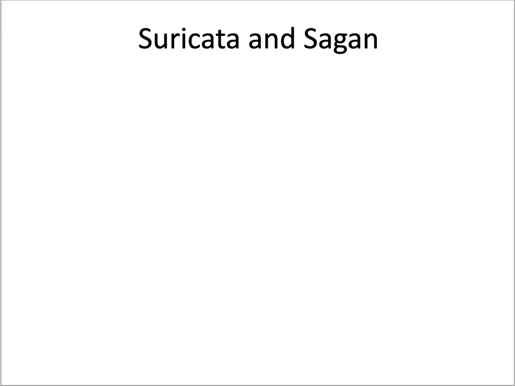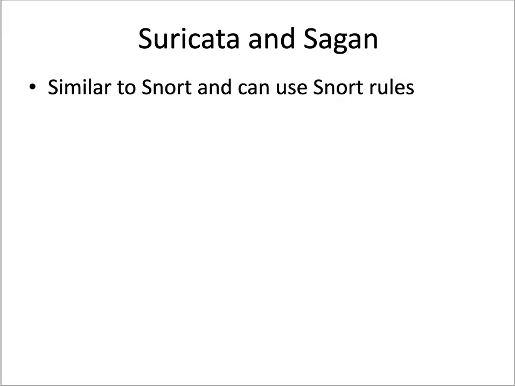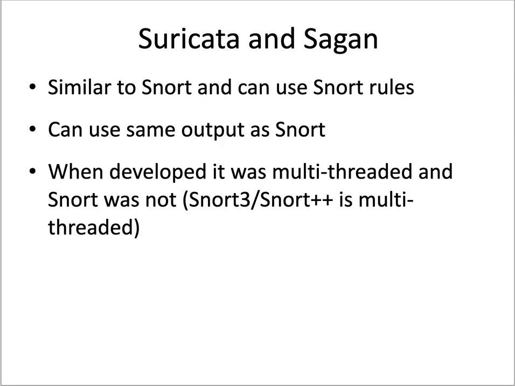Suricata and Sagan are similar to Snort in their behavior. They can use the same rules that Snort uses. They can generate the same output that Snort generates. When Suricata was developed, it was multi-threaded, and Snort was not. Snort is now multi-threaded, and if you're not familiar with that term, it's kind of hard to explain, but I like to explain it as you have different pieces of a program running simultaneously.